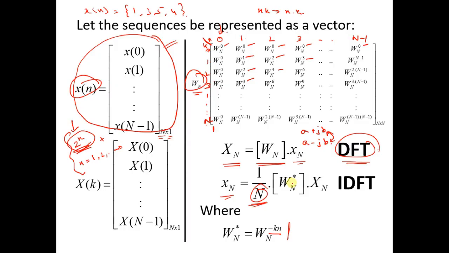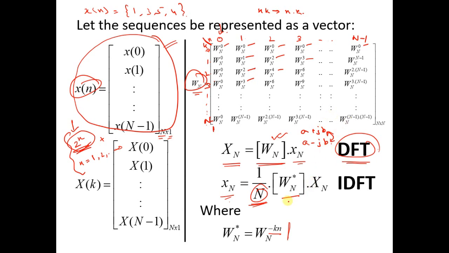So instead of this twiddle factor, in the inverse discrete Fourier transform, you have to use the twiddle factor conjugate. Okay, so whatever values you get here, you have to convert them into the conjugate and then use it for the IDFT.